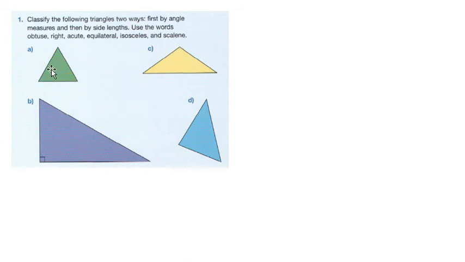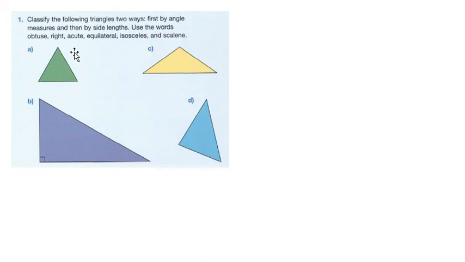For A, all of the sides are exactly the same length. We measured them, so that makes it a triangle that has equal length sides. In other words, equilateral. Equi meaning equal, and lateral meaning sides. So we know that this has all equal sides. They're all the same.